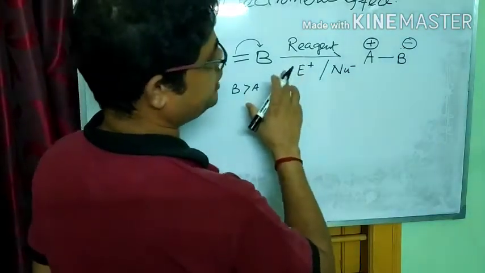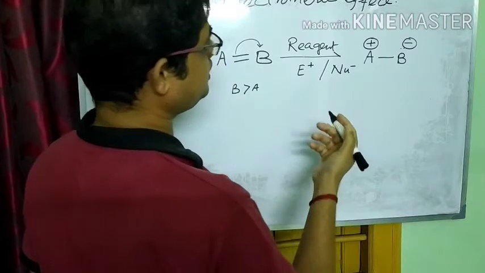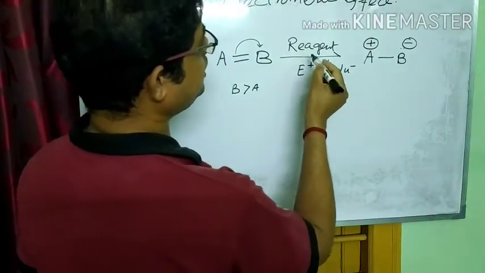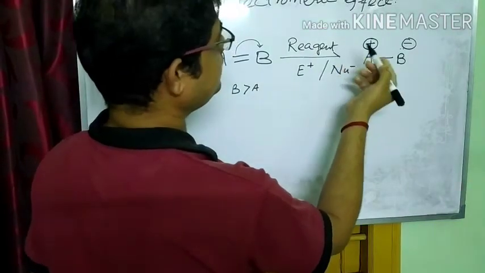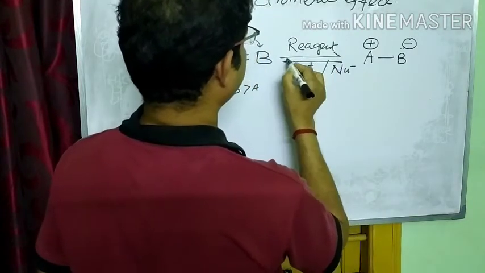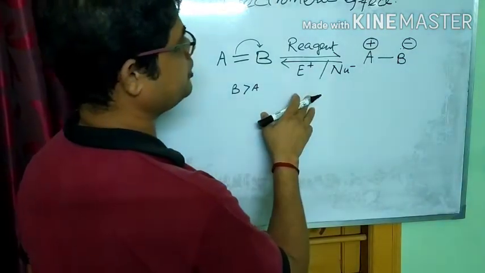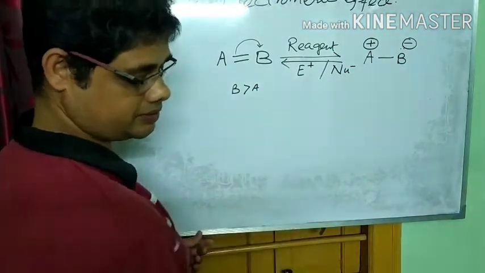It is a temporary effect. Why is it temporary? Because if we remove this reagent, then this compound comes back to the former compound. So it is a temporary effect.